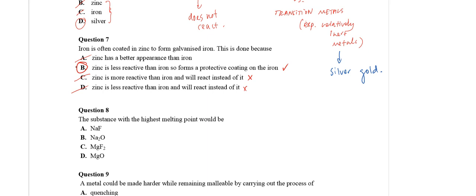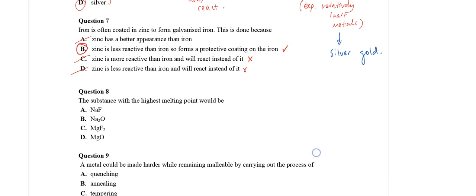I think the word they used was that zinc is a sacrificial metal, that you would rather have zinc react with air or with oxygen rather than iron, so as to prevent rust. This is why we apply zinc to iron. So just to add a note, reduces rusting.